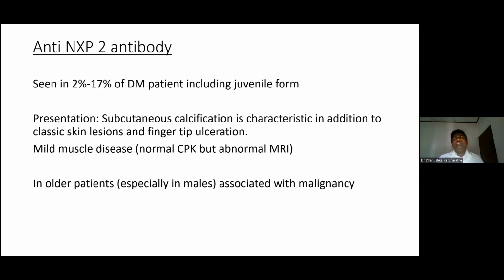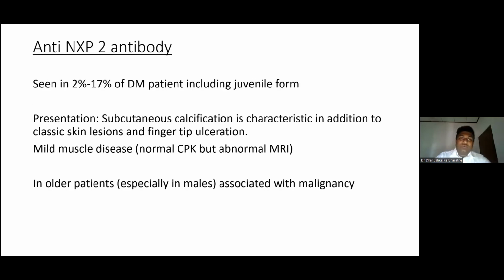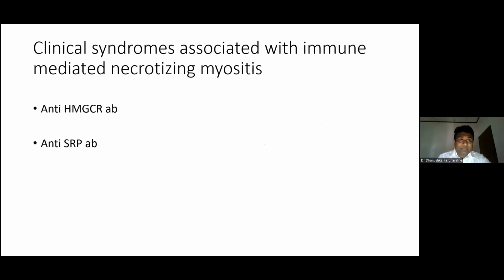And again, in both these cancer-associated antibodies, TIF1 gamma and NXP2, your muscle disease is either mild or absent, where the CPK is usually normal. But if you do an MRI in both instances, you can see abnormalities.